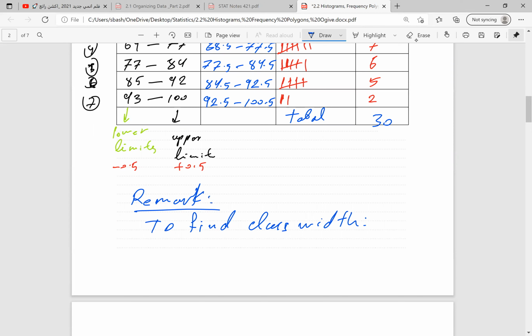If the frequency distribution is already given and we need to find the class width, the class width is equal to the difference between two lower limits or the difference between two upper limits.